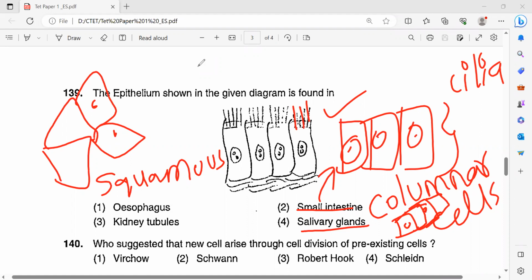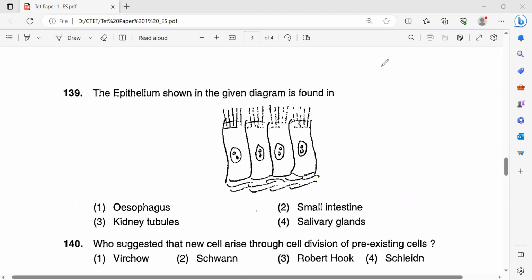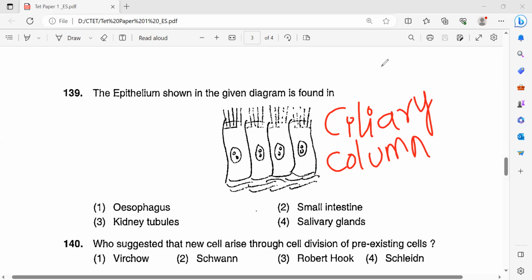So cuboidal epithelium. Whatever we are seeing now, the diagram is depicting ciliary columnar epithelial tissue, as cilia are present and the cells are columnar. This we will find in kidney tubules. Option 3 is the right answer.